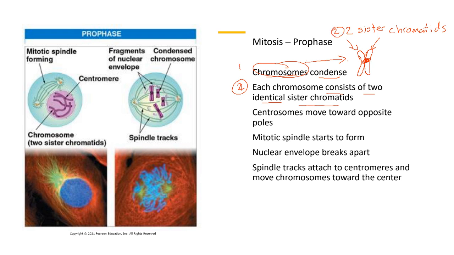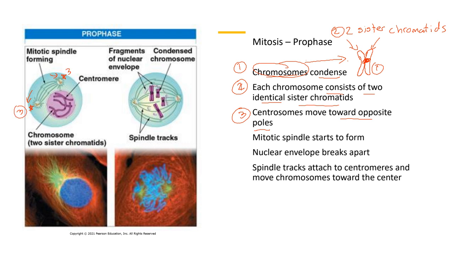Now the centrosomes have moved toward opposite poles, like I told you they were going to do. So this is going to be 3, and here are our centrosomes. They have been moving to opposite poles. So that's going to be number 3. Mitotic spindle starts to form.